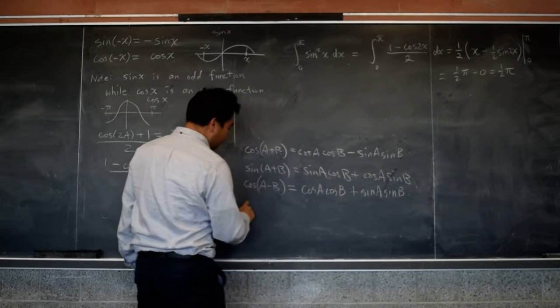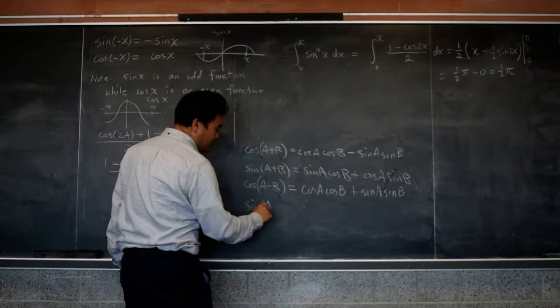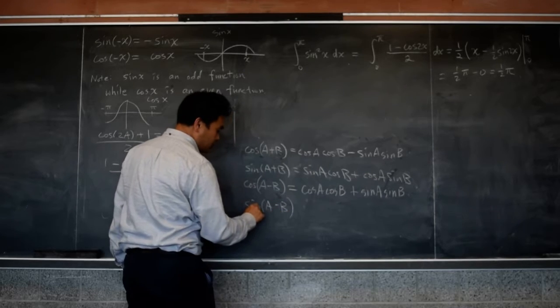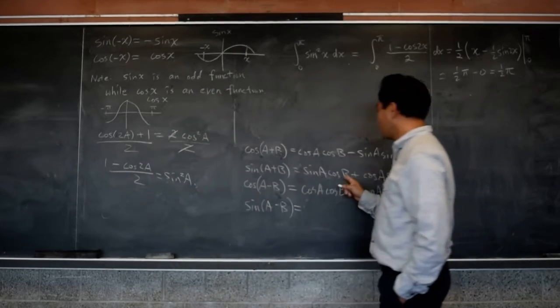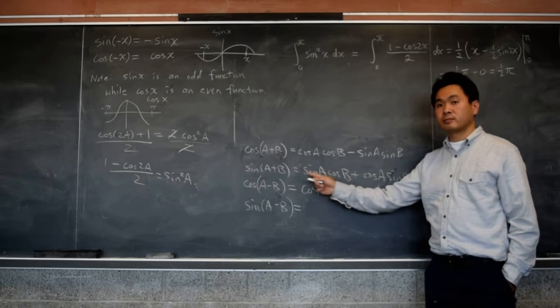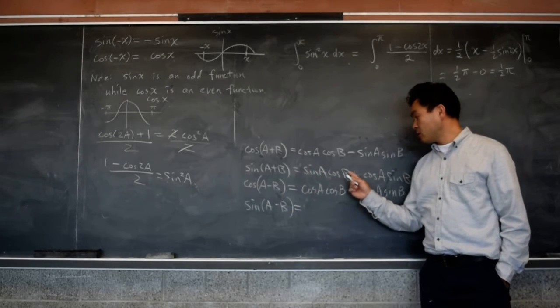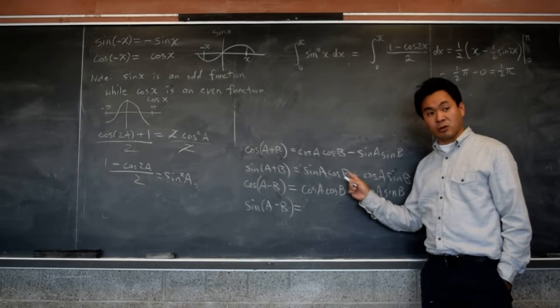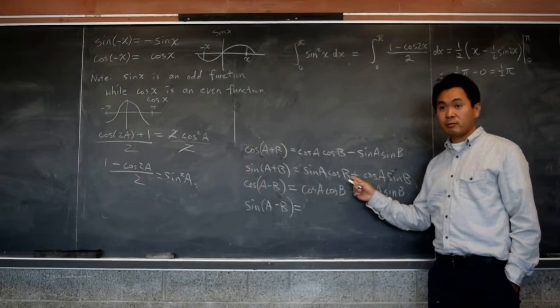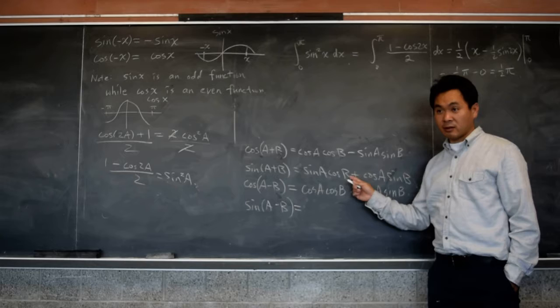And then for sine of a minus b, will this one change sign? See, b is replaced by negative b, so you're plugging in negative b into cosine. What happens? Sign changes or not? No. No change.